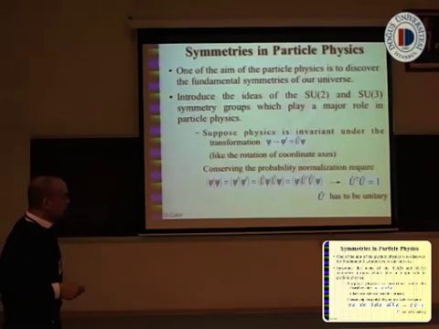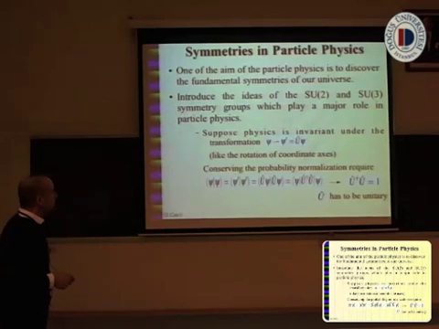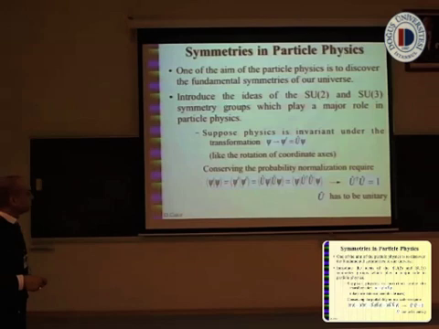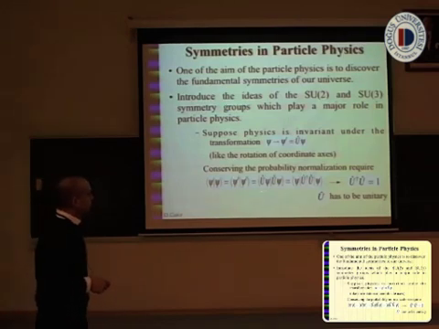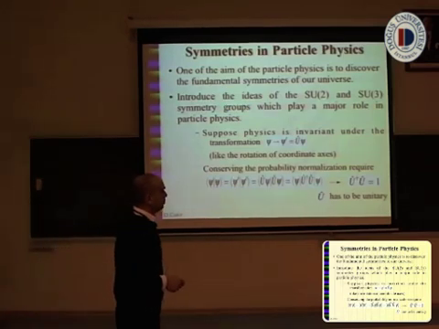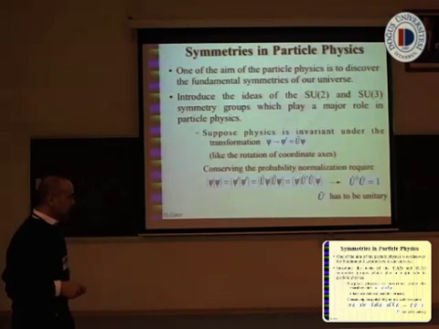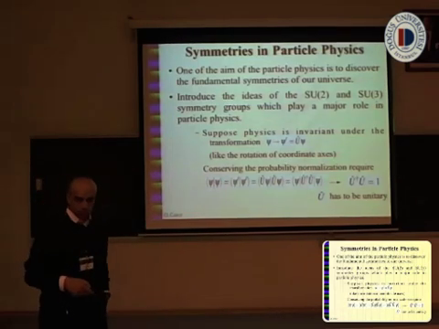If we conserve the probability normalization, then psi times psi prime, which is a notation with bra and ket, gives us U dagger times U is equal to 1, which means that U has to be unitary.